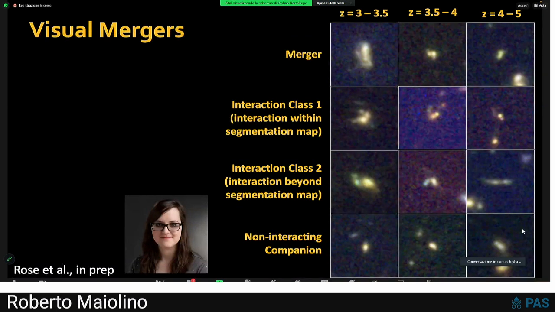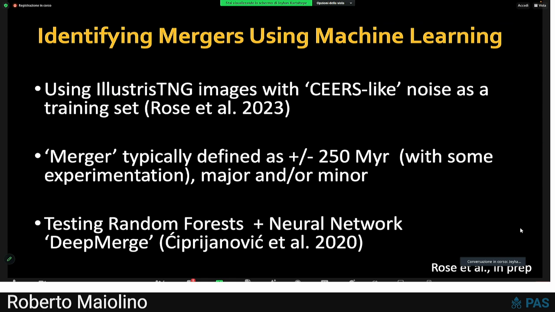We've also looked at galaxy mergers in these samples. This shows just a subset of objects with different classifications from visually identified mergers that people have found in CEERS. What we have done is take some of these samples and try to identify mergers using machine learning instead.